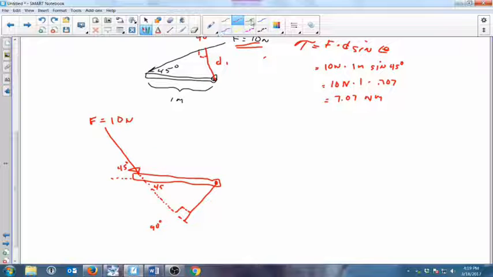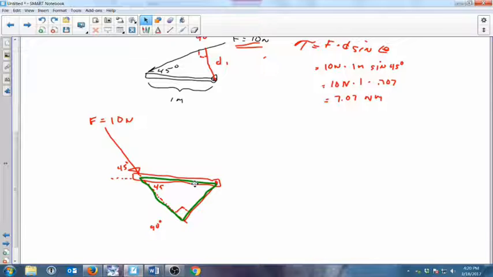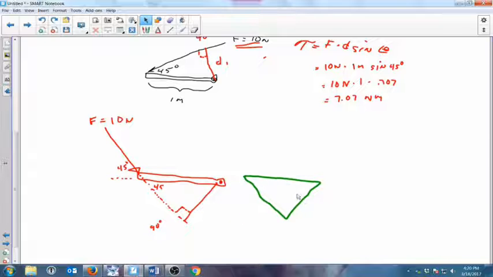Now always keep in mind that you're looking for a triangle. You're creating a right triangle. That's really what you're doing here. So when I pull this out, if I can, that's my right triangle.